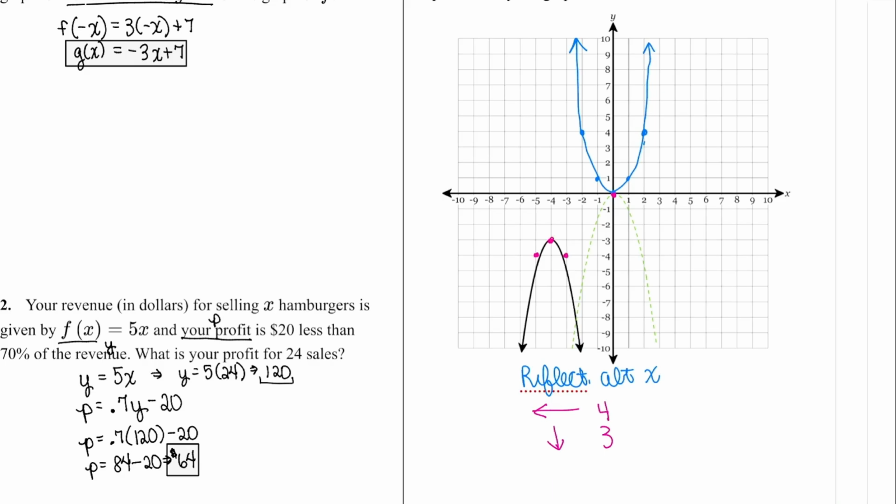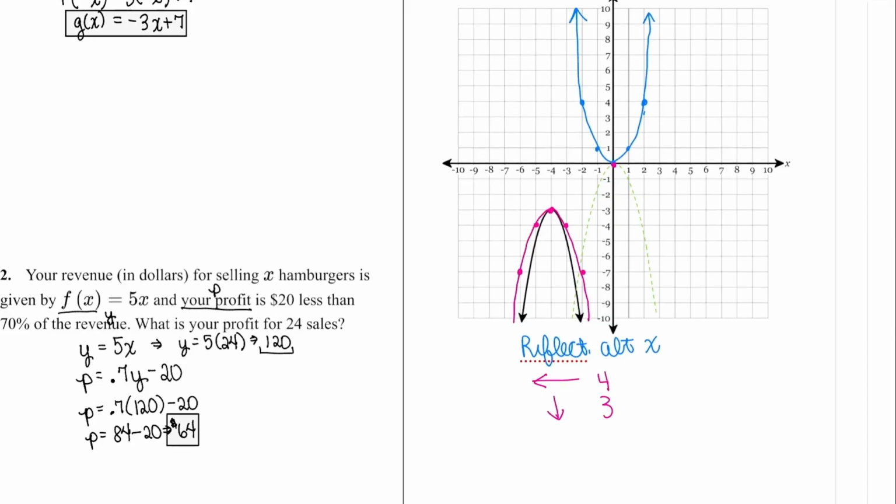Very close to what we have. The only difference between the graph that I just transformed of just the parent function and the black graph is that the black graph is a little bit skinnier. In fact, the points are stretched and multiplied by 2.